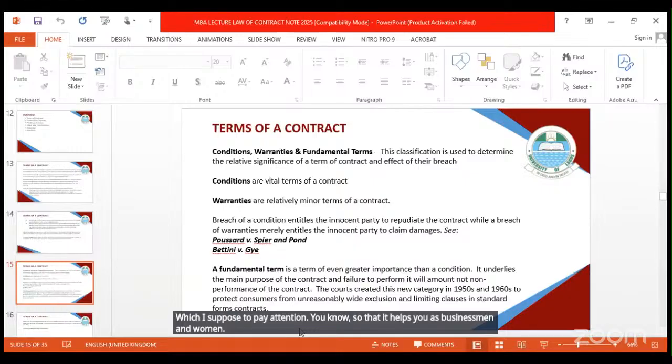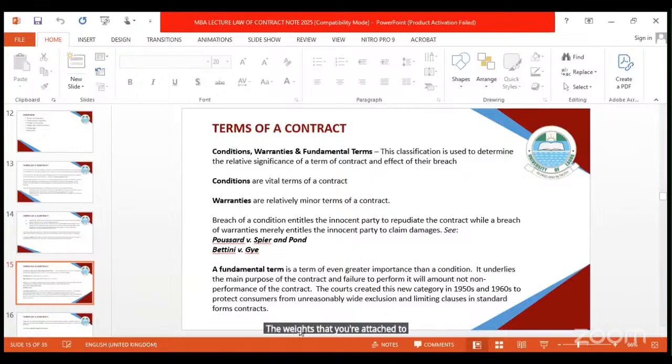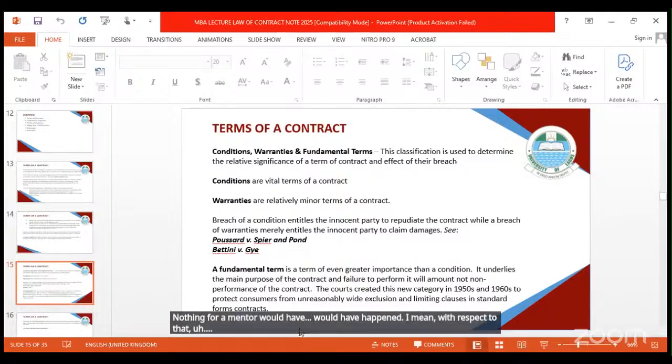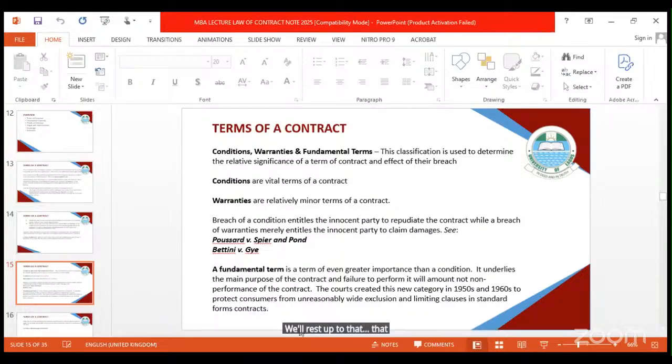The weight that you attach to a term of contract helps you avoid a situation whereby they sue you for breach of contract. Or if on your own side you have to perform that contract, you know the things you must do in line with that contract, and the things that even if you don't comply with, nothing fundamental would have happened with respect to that contract. Very, very important.